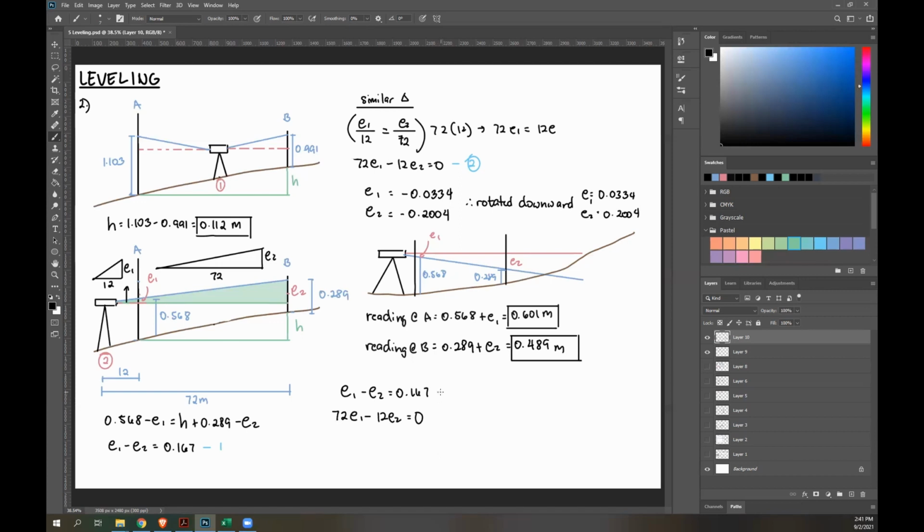So 2 equations, 2 unknowns. That's your math. Try to recall how you solve simultaneous equations. You can rewrite E1 as 0.1667 plus E2, and then substitute it in equation 2, and you'll be able to solve for E2. So that's doing it manually.